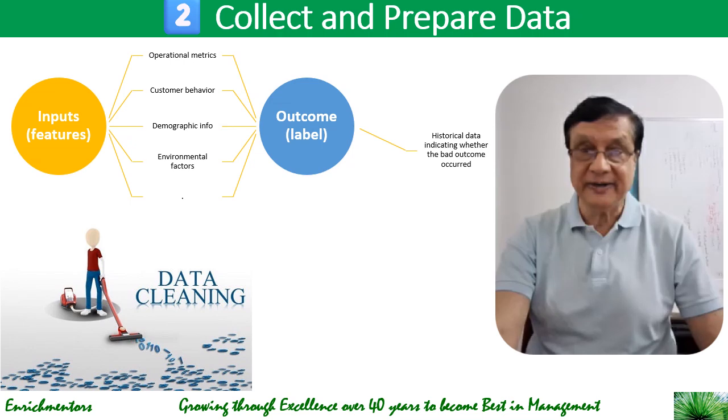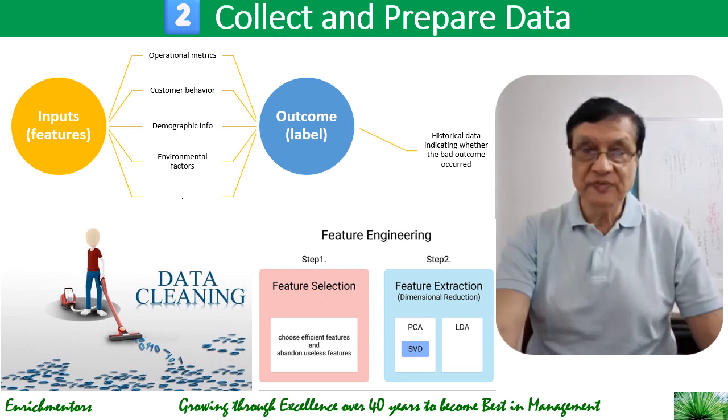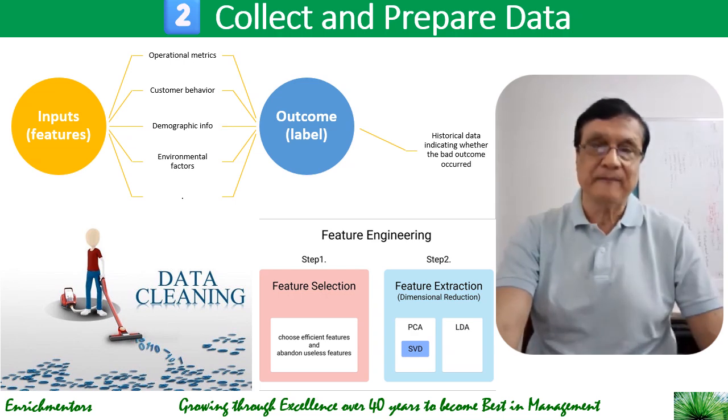Then you clean the data: you remove duplicates, handle missing values, and ensure consistent format. Then you do feature engineering, in which you create additional variables that may be relevant, for example, time since last purchase, defect rate per shift, etc. And please remember to normalize or standardize features for certain models like logistic regression and SVM. So collect and prepare data accordingly.